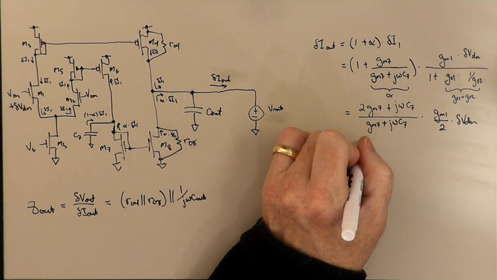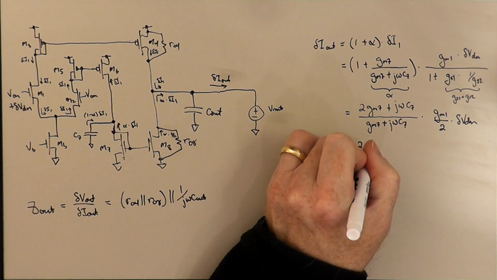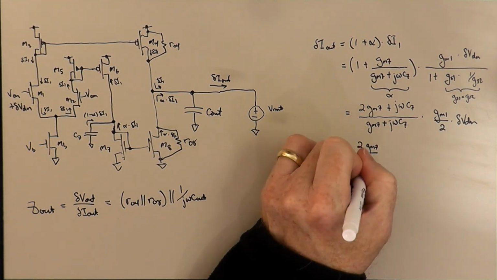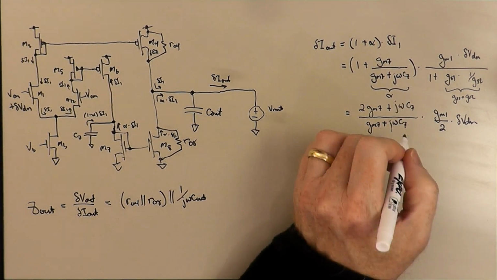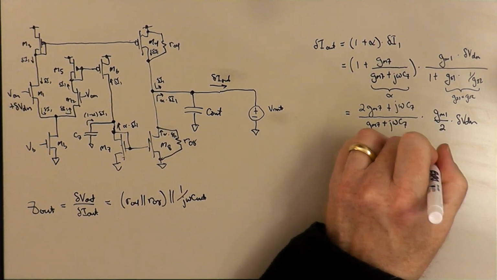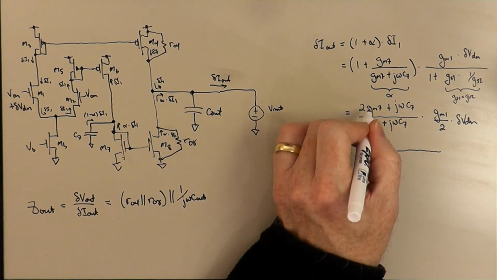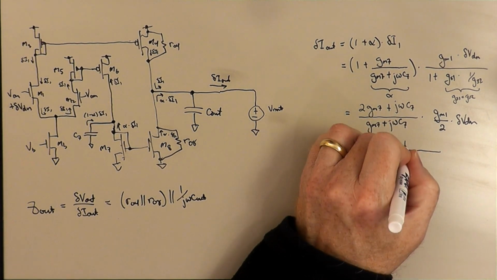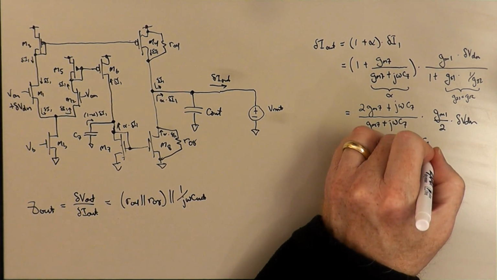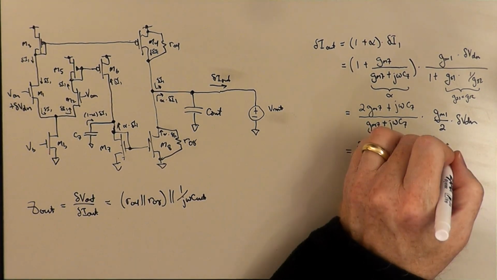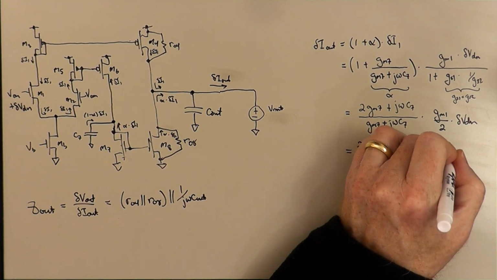So we're going to have a 2 gm7 upstairs and a gm7 downstairs from our factored out term. And then we're going to have a 1 plus j omega c7 divided by 2 gm7.